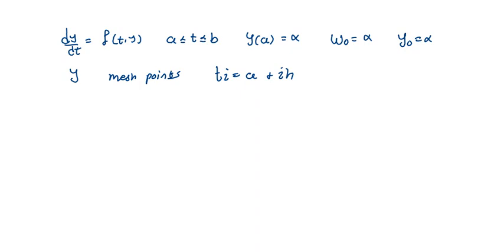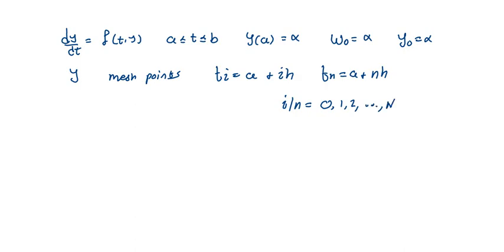Either they use this notation, or another notation you can use is t sub n is equal to a plus nh. Either this one or this one, it simply means the same thing. We can also add a condition that your i, or your n, depending on what you use, is equal to 0, 1, 2, all the way to n.